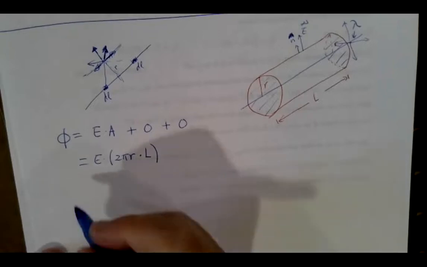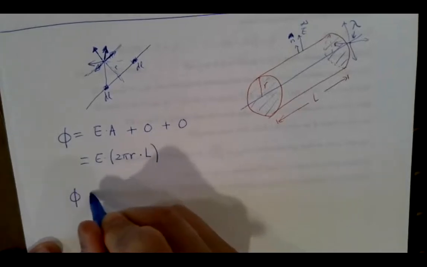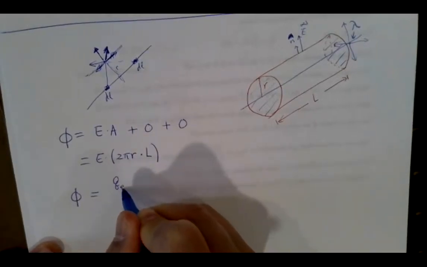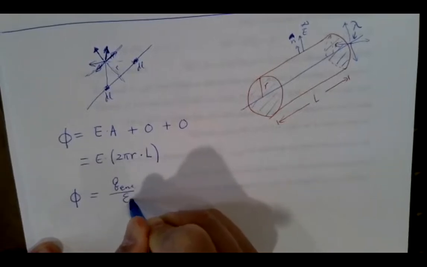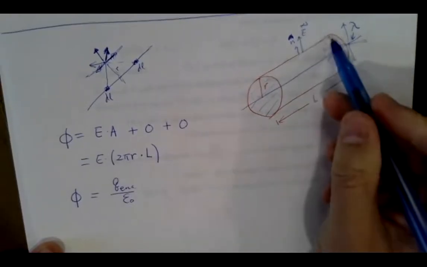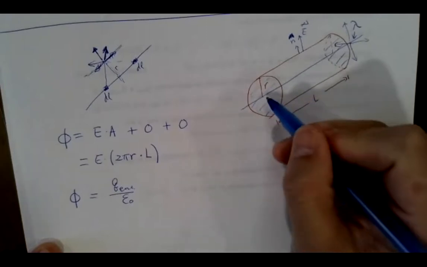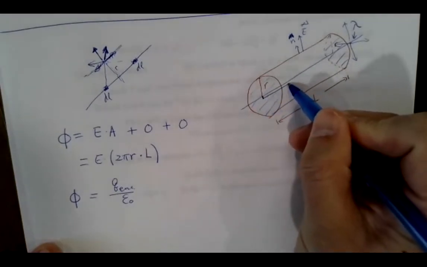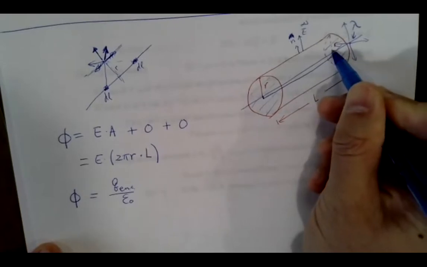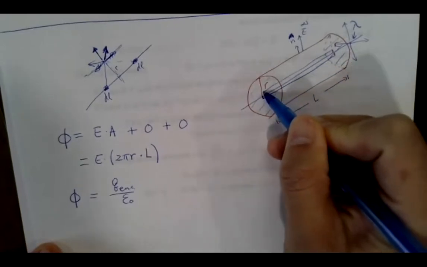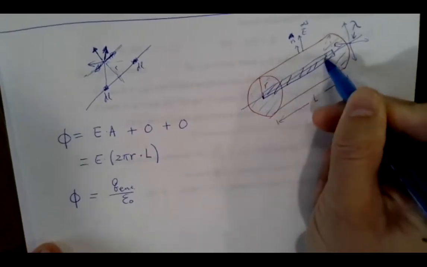Now, according to Gauss's law, flux should be equal to Q enclosed divided by epsilon naught, right? For your Gaussian body, the Q enclosed should be from here, the bottom here, to the other bottom on the other side, right? The Q on that portion of it, okay?